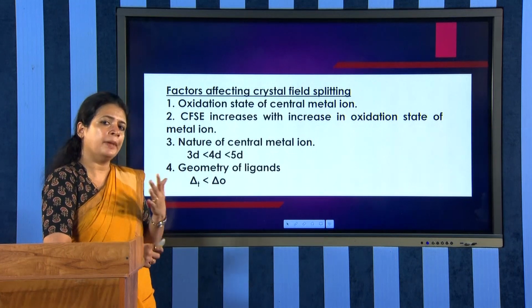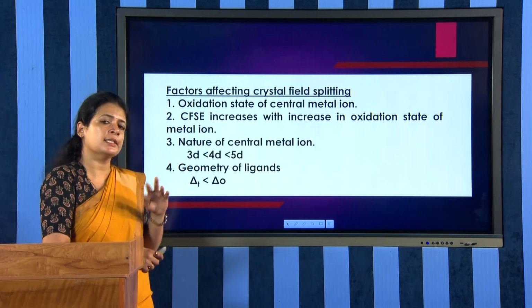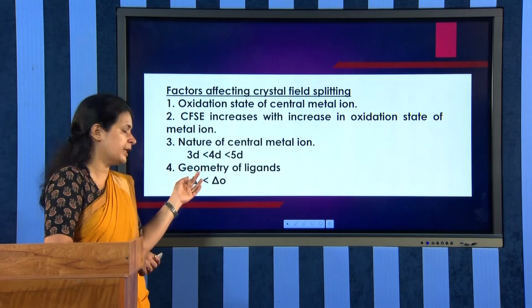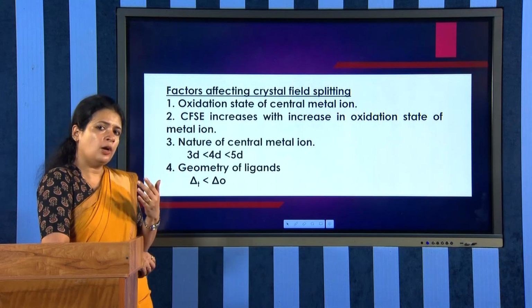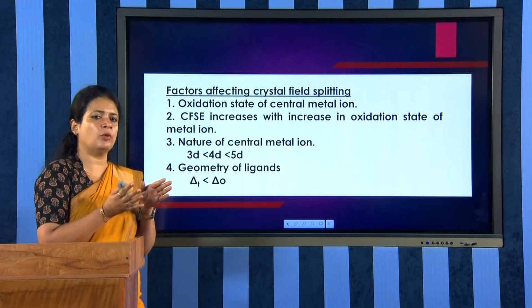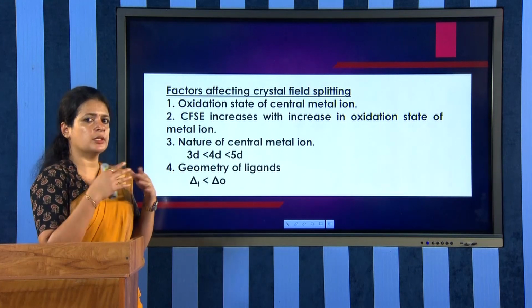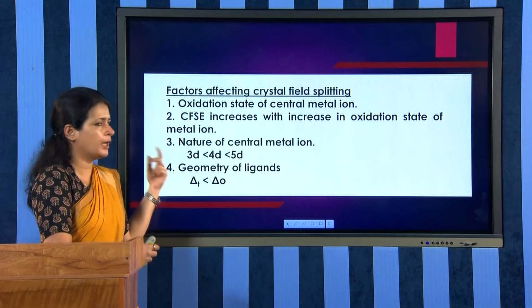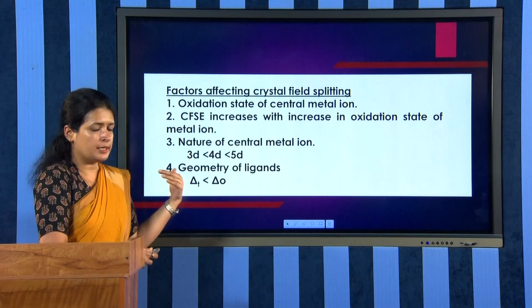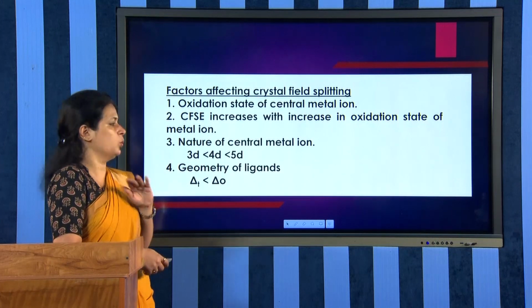When we compare these two, we have seen that delta T is very much less than delta O. We have seen the relationship between delta T and delta O. So, delta O will have a greater splitting, and we have discussed the reasons for the difference: the number of ligands is less in the case of tetrahedral complexes, and also there is no direct interaction in tetrahedral complexes. That is why delta T is always less than delta O.